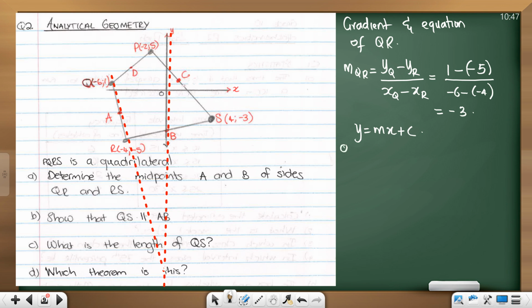Okay, let's use point Q. What's the y value of Q? 1 equals negative 3 plus c. 1 equals what? Positive 18. Negative what? 17. What's our equation therefore?